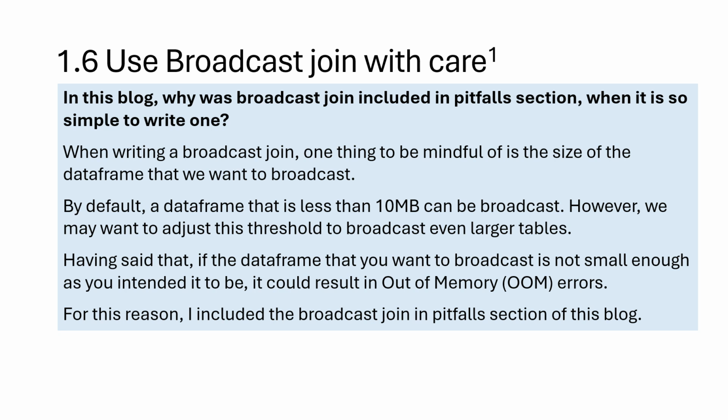By default, the size of the data frame that can be broadcast is 10 MB. However, we may want to adjust this threshold to broadcast even larger tables. Having said that, if the data frame that you want to broadcast is not small enough as you intended it to be, it could result in out of memory errors. For this reason, I included the broadcast join in pitfalls section.